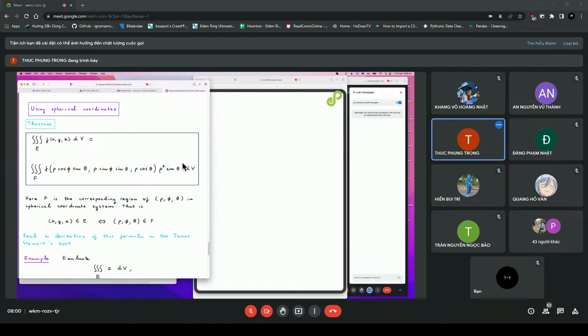The idea is we can turn this old integral into this new one. However, the new one is in rho, phi, and theta. And we hope that the new integral, with the new function and the new domain F, is simpler than the original one. So that's the idea of this theorem.